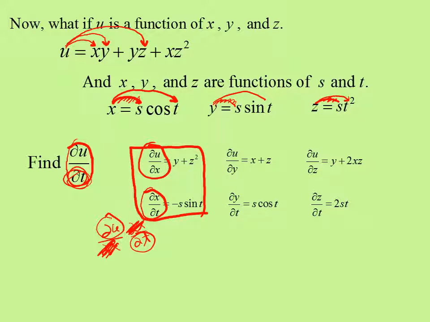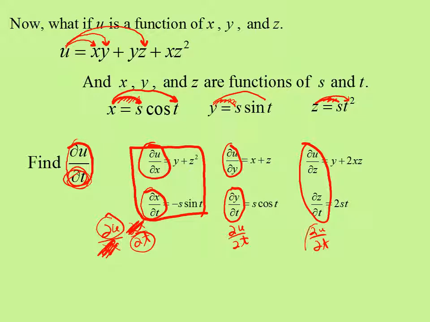Notice we can do something similar for these two. If we take the derivative of u with respect to y and multiply by the derivative of y with respect to t, then we get the derivative of u with respect to t. If we multiply these two together, then we get the derivative of u with respect to t.